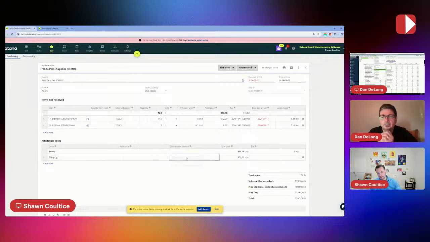Yeah, so you do have the ability to select non-distributed, and then you can manually apply it across the two or whatever items you have, if there are multiple items on the PO.